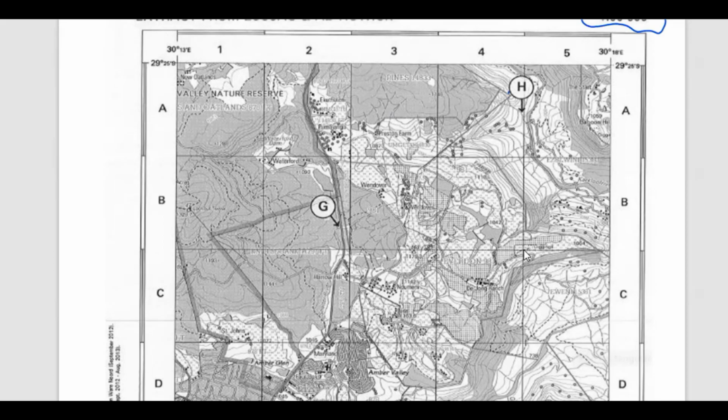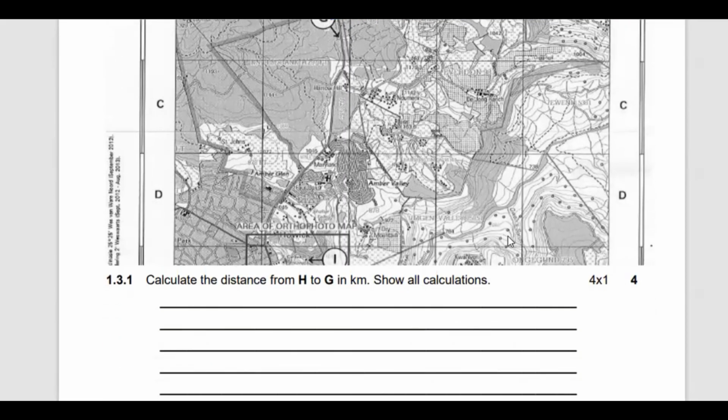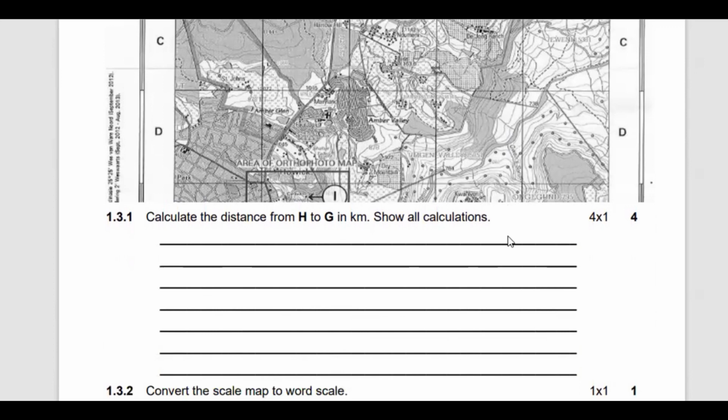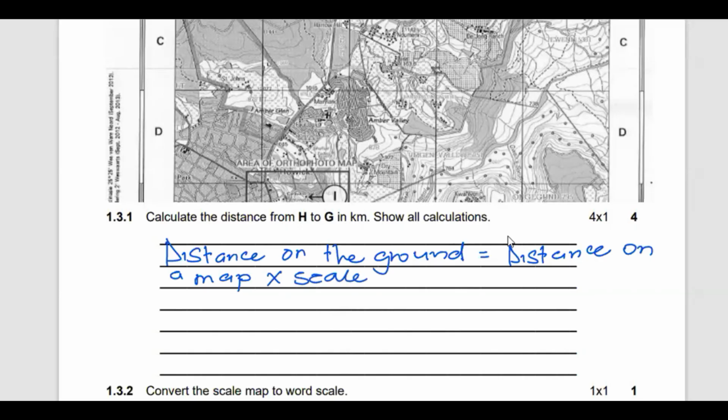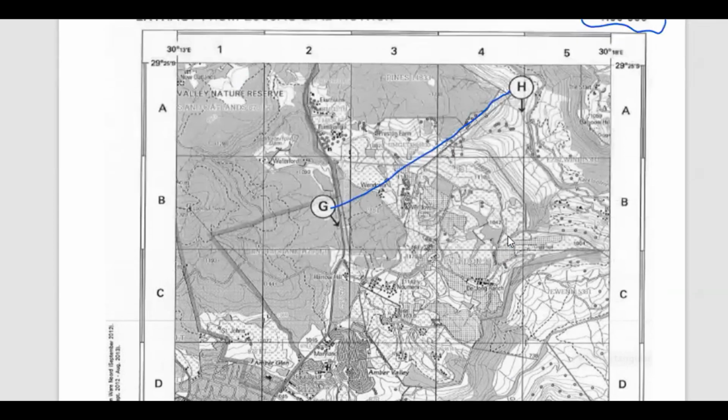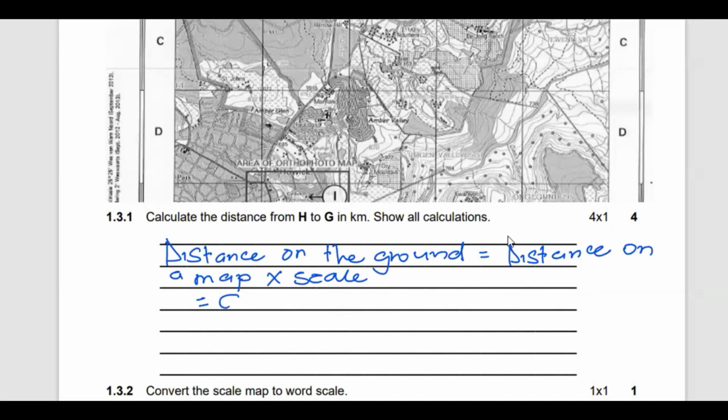Use a ruler, place your ruler here and here, and you get the centimeters. When you measure from H to G, we first say distance on the ground equals distance on a map times the scale. When you measure from H to G, it is 6,75 centimeters.